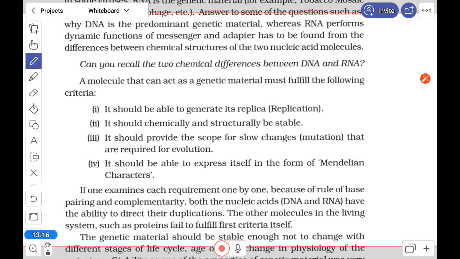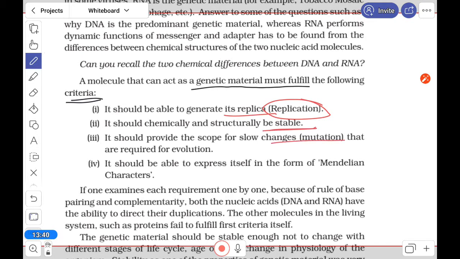Now, as a genetic material, it has to fulfill some criteria that you have to know. The first is replication, self-replication: the material should replicate. It should be stable, it will not break.